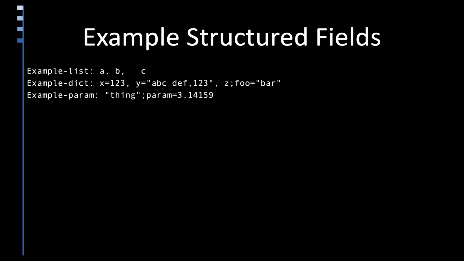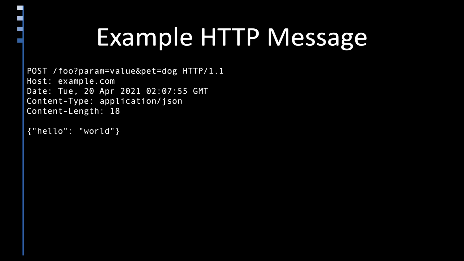There's a lot more in the draft, and you'll see a lot more fields that are being defined by the HTTP working group are going to be defined as structured fields whenever that's possible. All right. So back to signatures. This is our example message. This is a really simple HTTP/1 post.